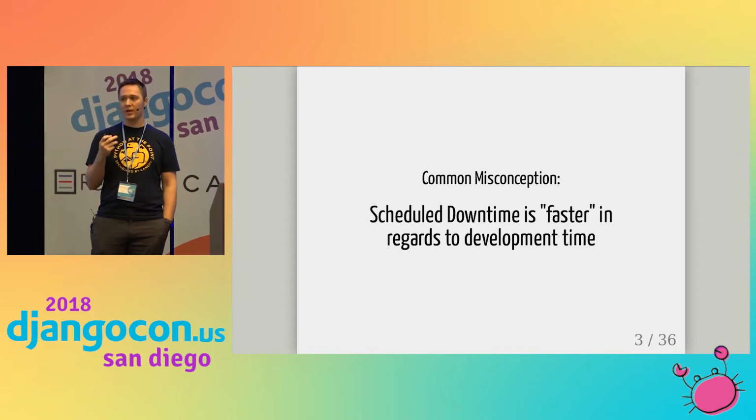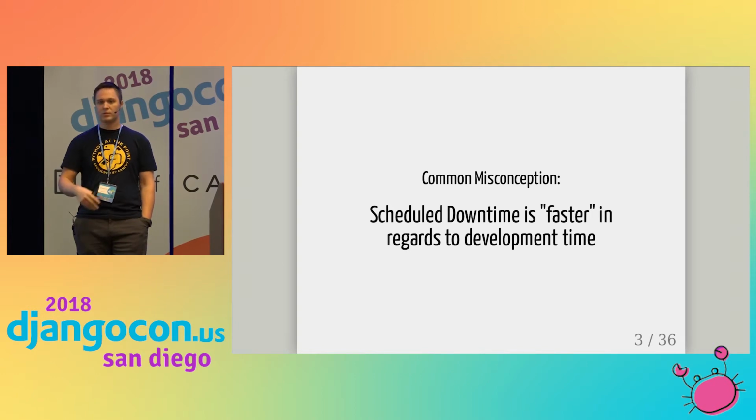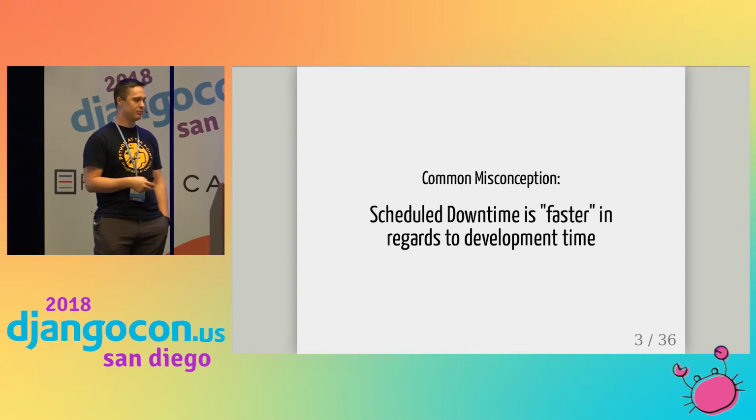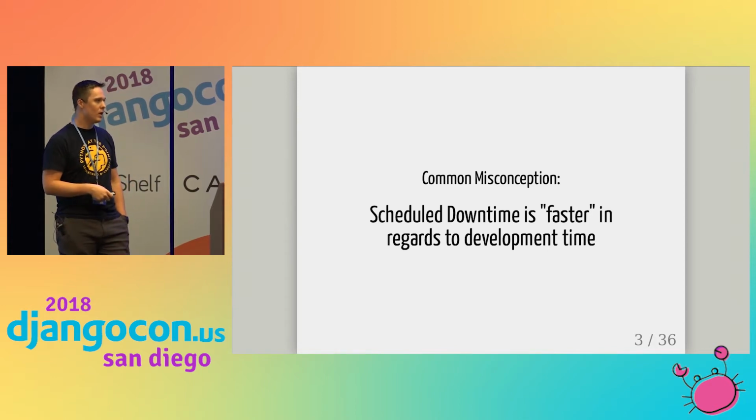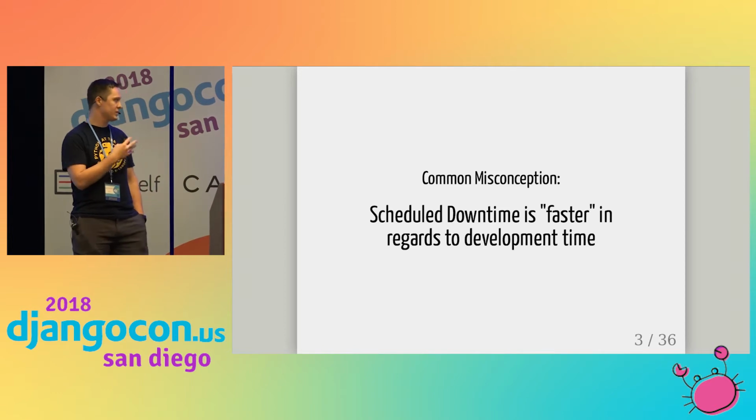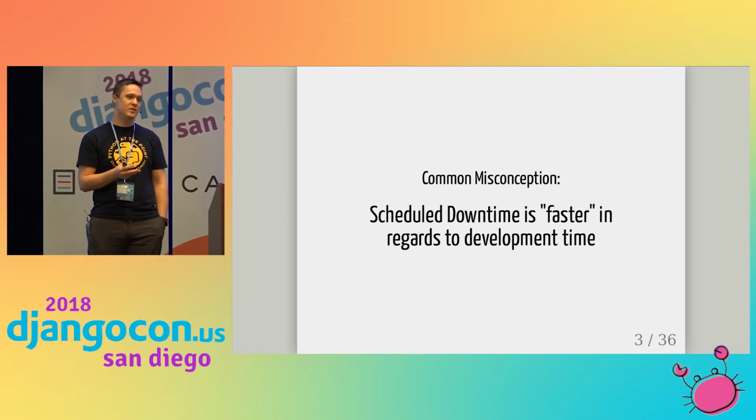From that point of view, having downtime sounds much faster. I schedule a window, spend an hour doing it, and now I'm back up, right? In a lot of cases, a maintenance window can be faster, it can be less development time, but in a lot of cases it's not.